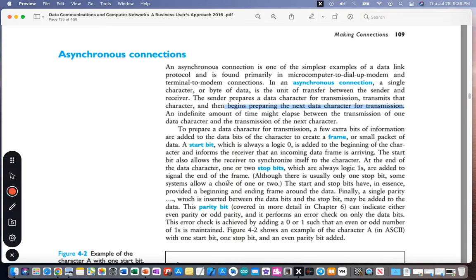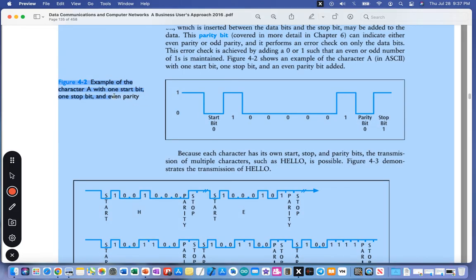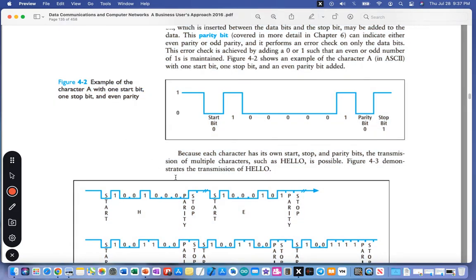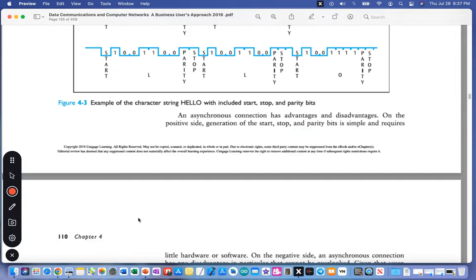So it has a frame: start bit, stop bit, and parity bit. Just like this example of a character with one start bit, one stop bit, and even parity. Example of one character string: hello.